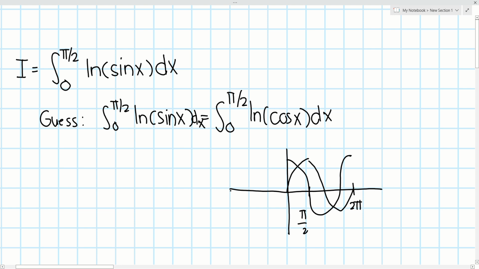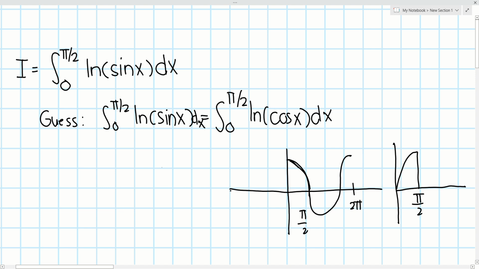Now let's investigate the part from 0 to pi over 2, because that's the only part we're interested in. Sorry, it's ugly, so let's draw it separately. Let's only draw the 0 to pi over 2 of sine. If you can see, this one is just a mirror of this one.